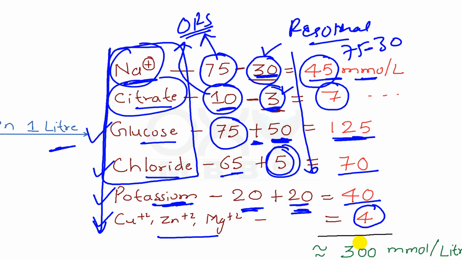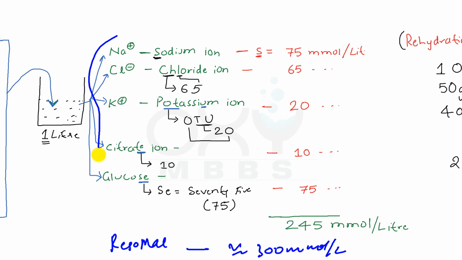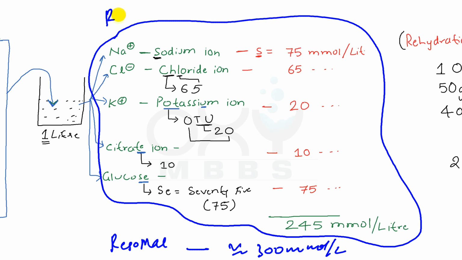Okay, so total concentration of ReSoMal in 1 liter is how much? It is approximately 300 millimoles per liter, while in the ORS packet it was 245 millimoles per liter. So friends, as in the ReSoMal the concentration is approximately 300 millimoles per liter, it can be said that this ORS packet, which is recommended by our WHO, is reduced ORS, because here concentration is 245, while in the ReSoMal it is 300 millimoles per liter.